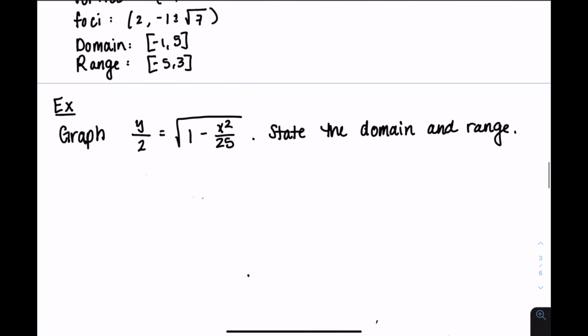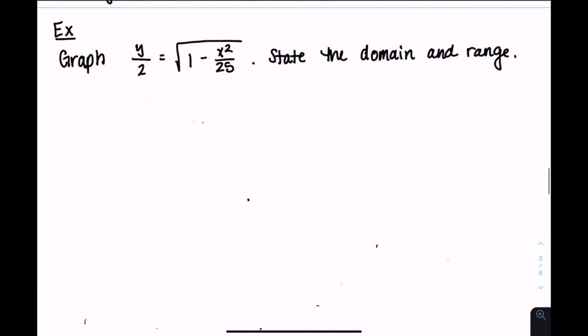Now the second type of problem you can run into, and we're going to see this in the next section's homework as well, is you can have an equation of an ellipse, but it's a little bit hidden. So we're going to work with this equation, and we want to graph it and state the domain and range. If you look at this, the first thing you have to recognize is you've got a square root here.